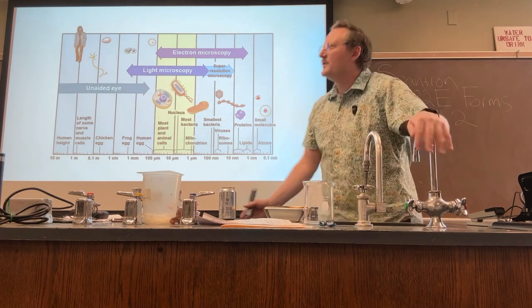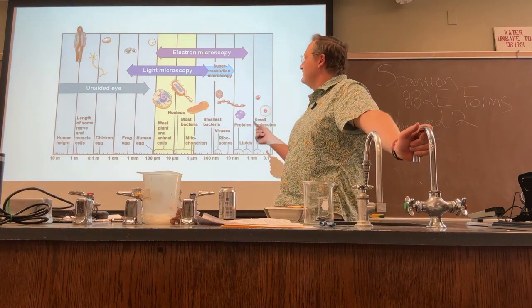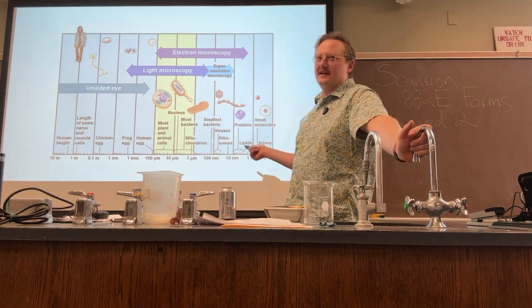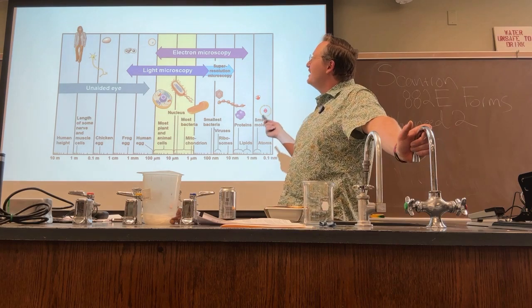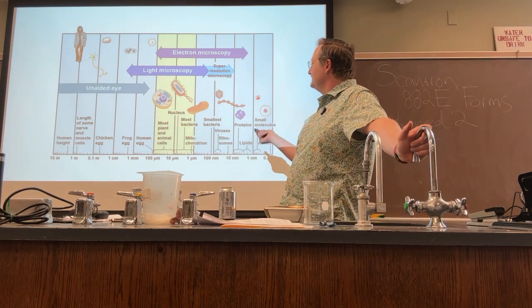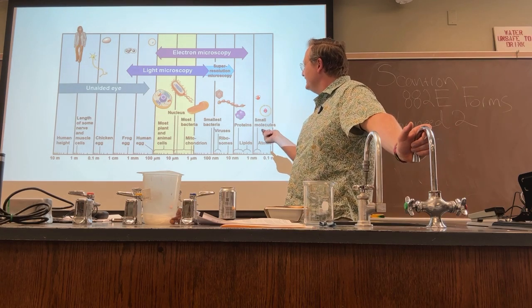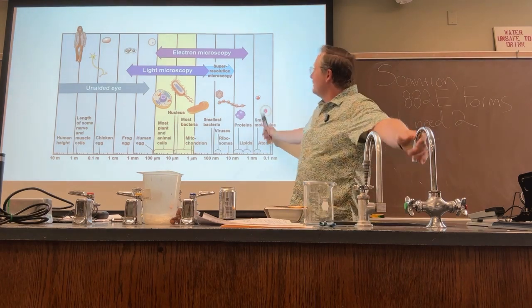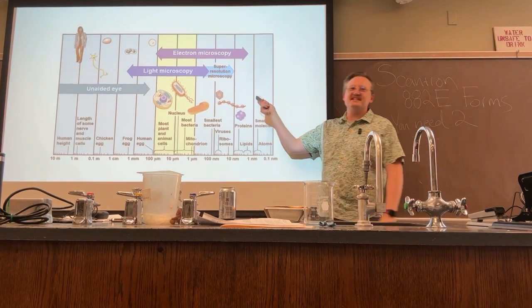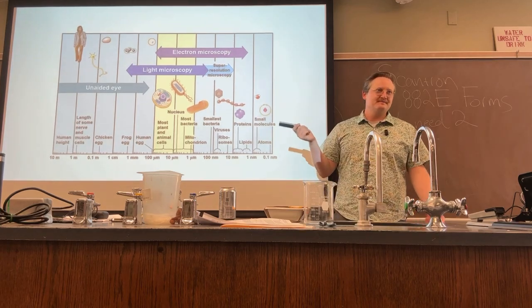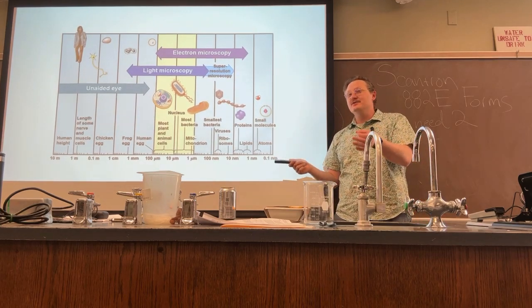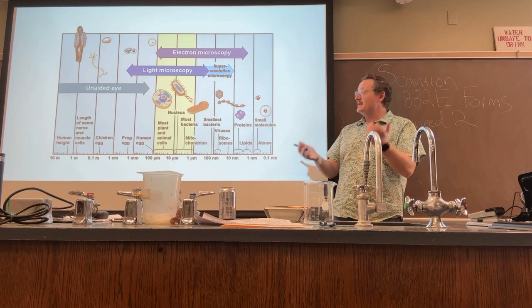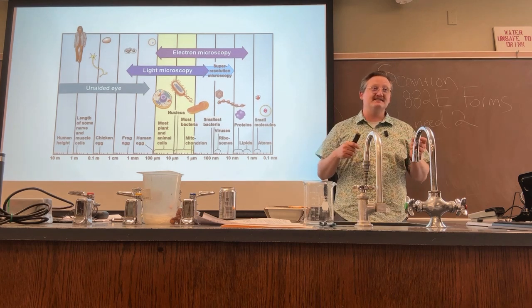So with more expensive light microscopes, you can get down to see smaller things. But if you want to see the very smallest things, like viruses, ribosomes, proteins, lipids, you need electron microscopy. Small molecules, you can't really see a molecule of water, all right? But you can see a phospholipid with electron microscopy.